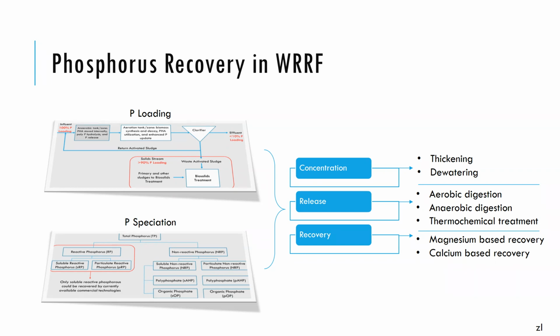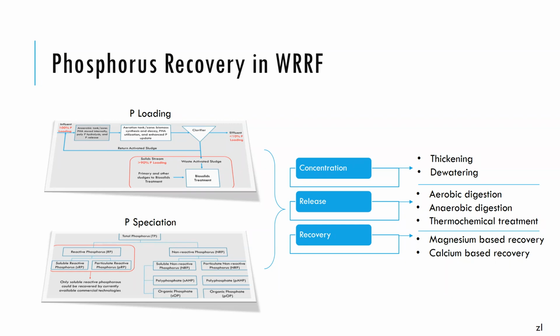The first step is concentration. The second step is release, and then recover. Actually, the current infrastructure at a modern wastewater treatment process has achieved at least a certain level of concentration and a certain level of release in the solid treatment process.